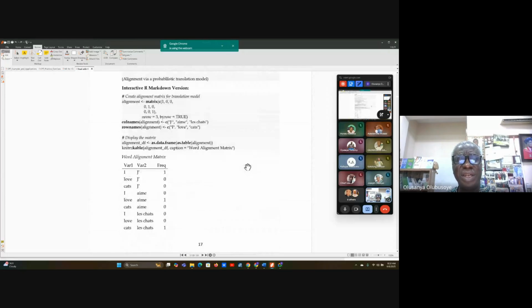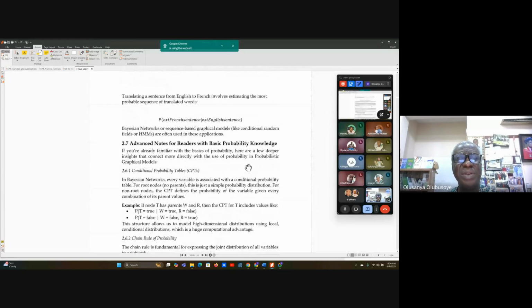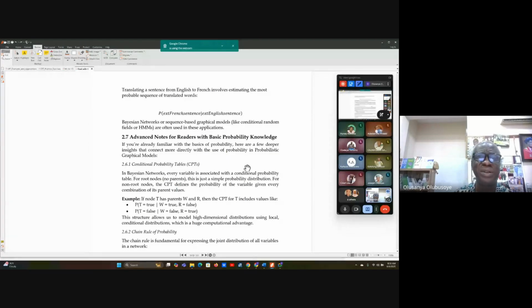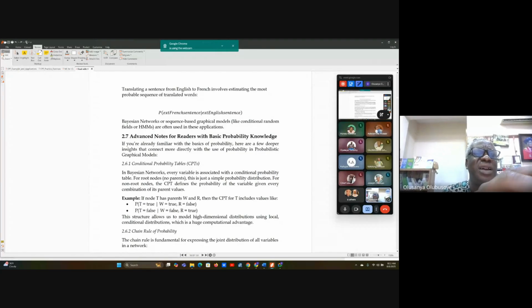So we are now looking at one major aspect, which I said we will continue to encounter in the course of this lecture, and that is the conditional probability table.